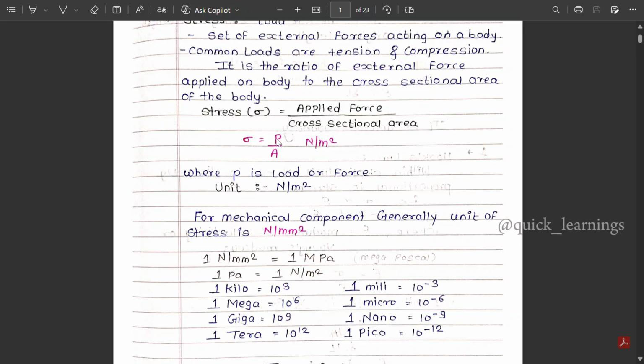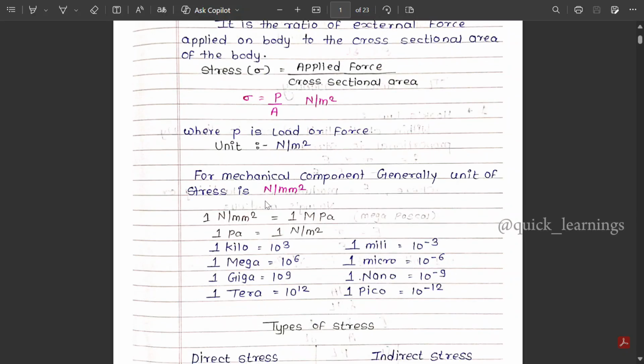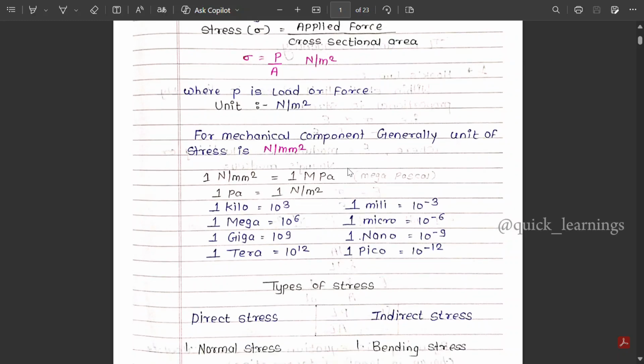P we can call a load, and A the area, and the SI unit is Newton per meter square. For mechanical components, generally the unit of stress is Newton per mm square, but when we talk about SI units, we use Newton per meter square.